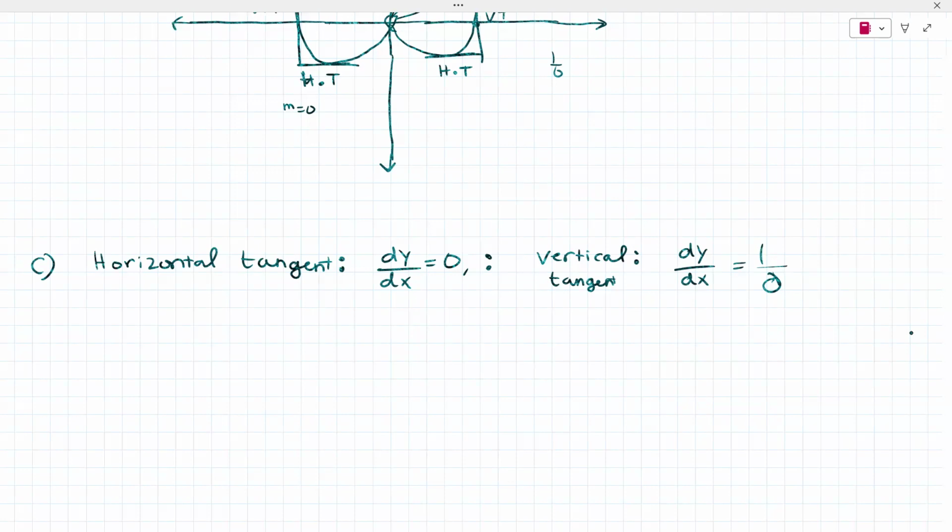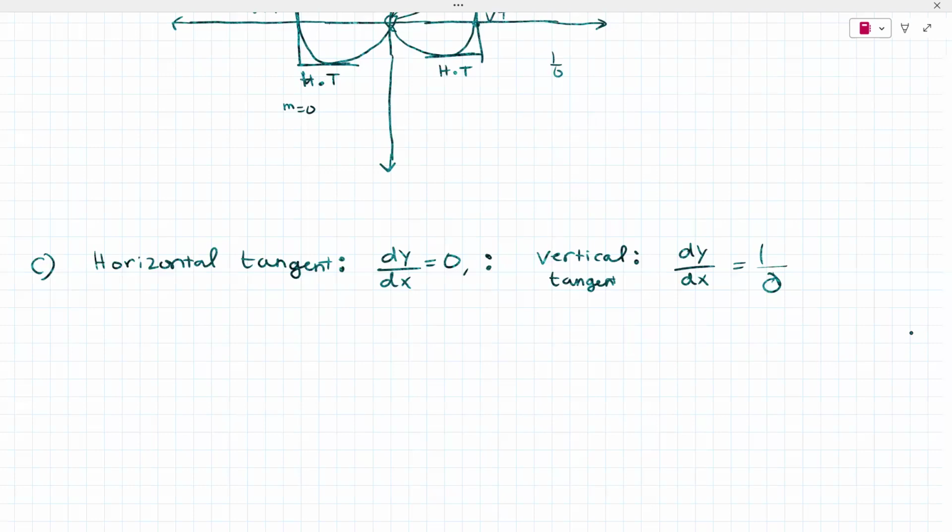So for the horizontal tangent, first we have to find our theta, right?